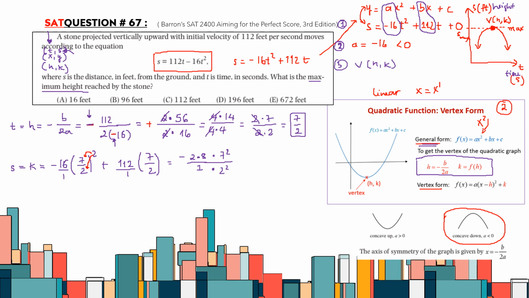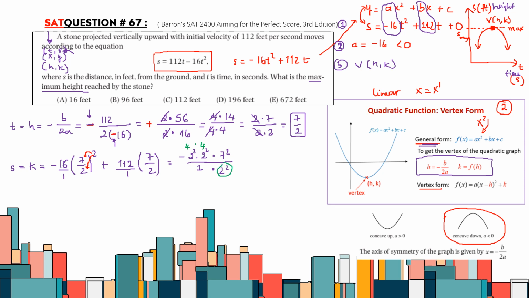And also here we may change this one a little bit because we see that we have 2 squared, so I will change the 16 into 4 times 4, which is 2 squared times 2 squared. 2 squared is 4, 4 times 4 is 16.